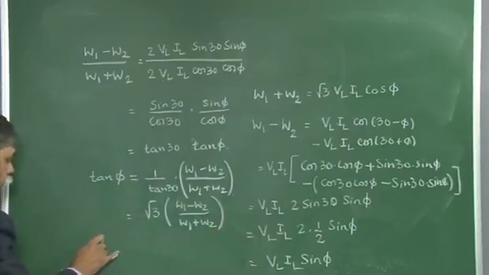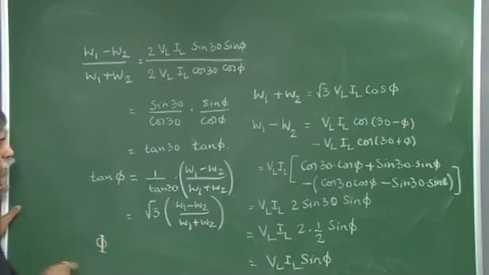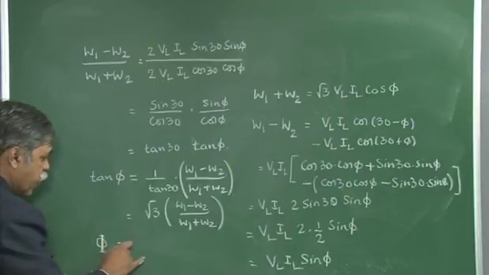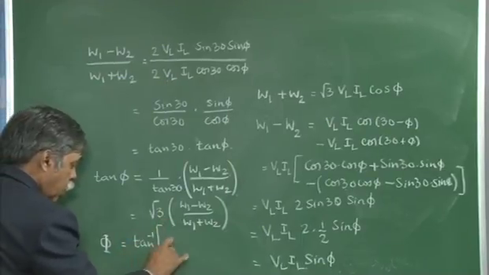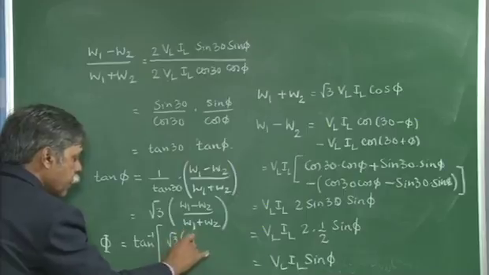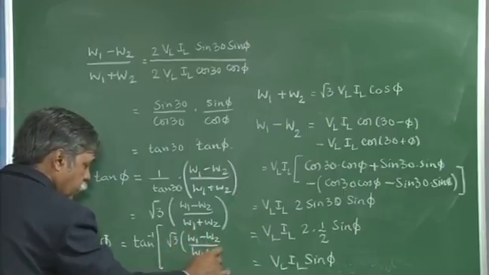You can write down the power factor angle phi, the angle between the phase voltage and the phase current, as phi equals tan inverse of root 3 times W1 minus W2 upon W1 plus W2.